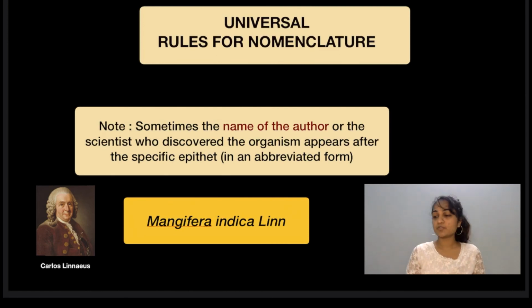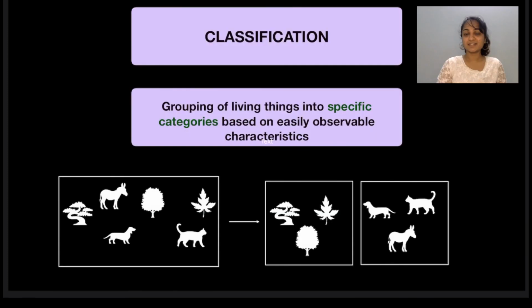So if you have Mangifera indica, you can see that Lin is mentioned here. Lin comes from the last name of Carolus Linnaeus, so it's the abbreviated form of Linnaeus. This doesn't happen all the time, but you will see it in some cases. So that was about nomenclature. I hope everything was clear.